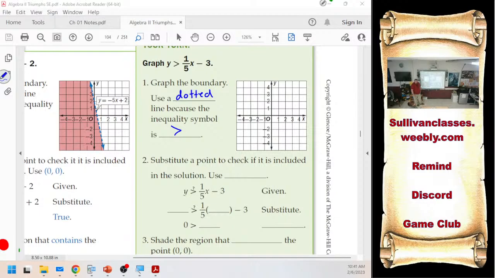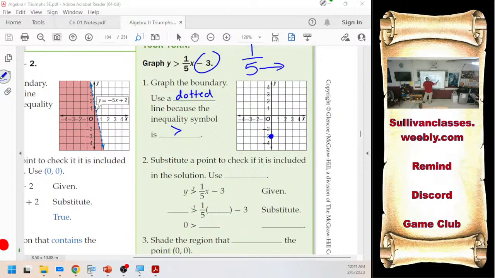Where are we starting? -3 on the y. Like, I know your tricks, old man. And then, slope. 1/5, up 1, right 5.